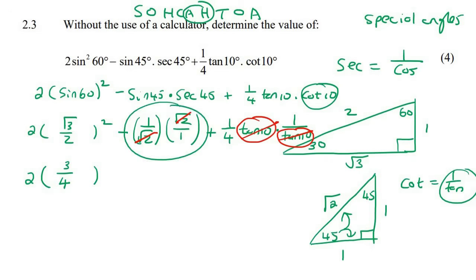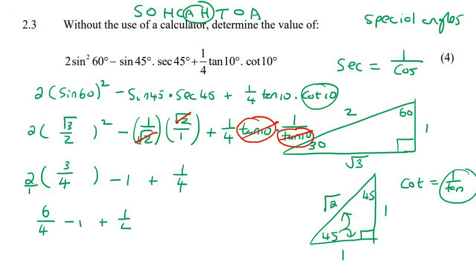And then here we're just going to be left with negative 1, and then here we're just left with plus a quarter. Okay, so if you had to work that out, that would be 6 over 4, because remember this is the same as 2 over 1. And then you're going to say minus 1 plus a quarter. Now go get a common denominator. That common denominator would be 4.